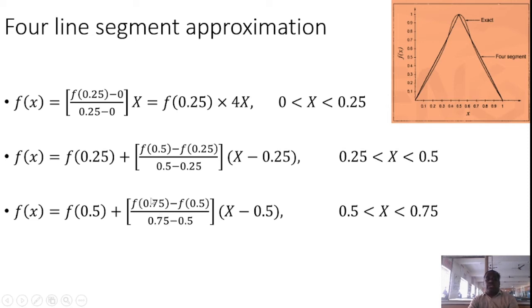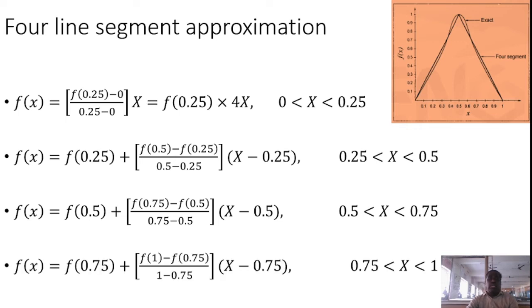The end point of the third line segment is 0.75, so here I put 0.75, and the third line segment starts from 0.5, so here I put 0.5, divided by the same 0.75 minus 0.5, into the total domain subtracted from these 0.5 points, so x minus 0.5 I got, which is the third line segment approximation.